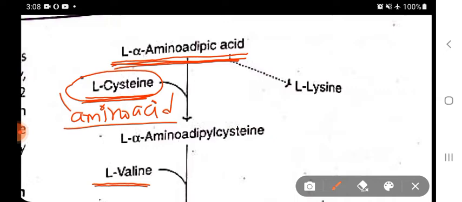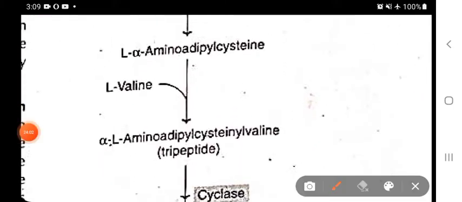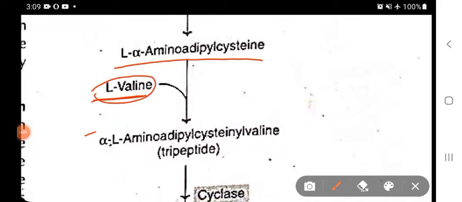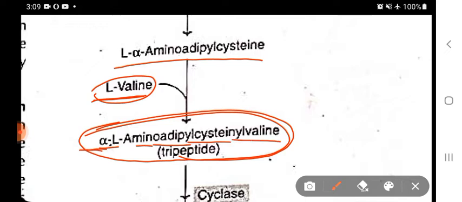So it combines with L-cysteine to form L-alpha amino adipyl cysteine, and later on L-alpha amino adipyl cysteine combines with valine to form a tripeptide, and the name of the tripeptide is alpha L amino adipyl cysteine valine.